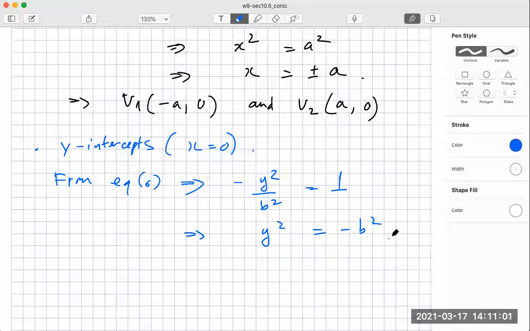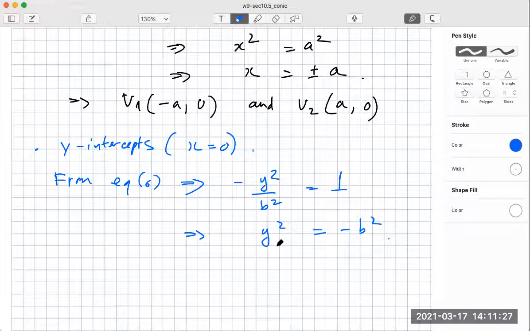We know that b is positive, or whatever b is, b squared will be a positive number. Negative b squared will be a negative number, right? But on the left-hand side, y squared is a positive number. If b is strictly positive, then this equation is impossible.